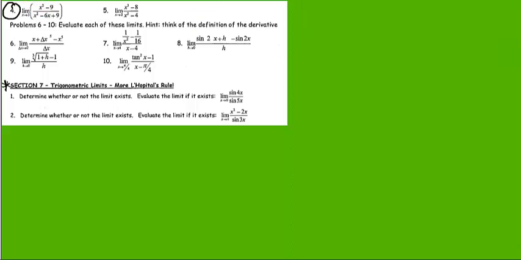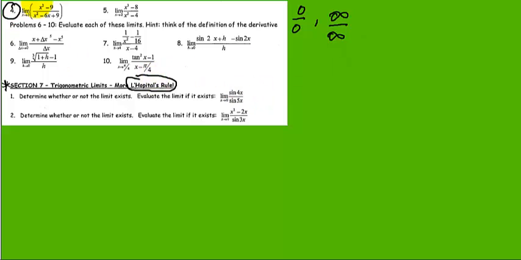There are many situations where you can use L'Hopital's rule, but you can use it when you get a 0 over 0, or when you get infinity over infinity. Down the road, in BC Calculus, we'll show you other situations where you can use L'Hopital's rule.